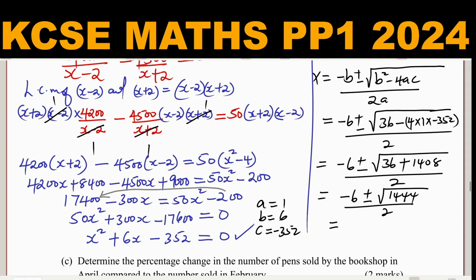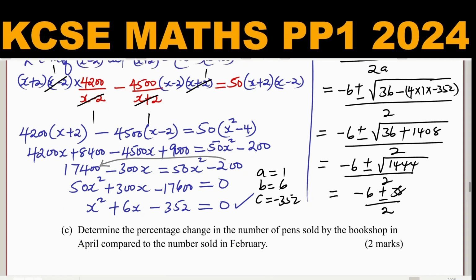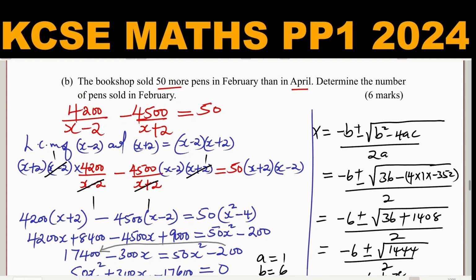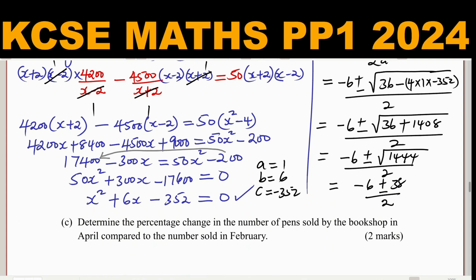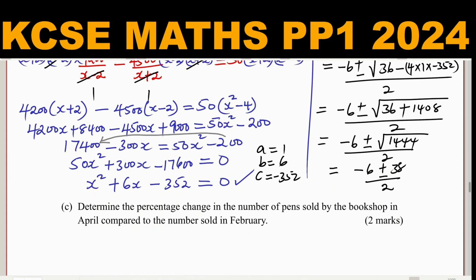So this one will give negative 6 plus or minus the square root of 1444, which is 38, divided by 2. So now having that, we can proceed and get x.